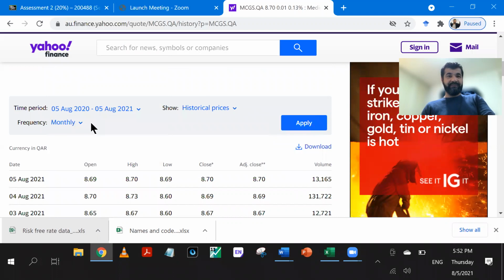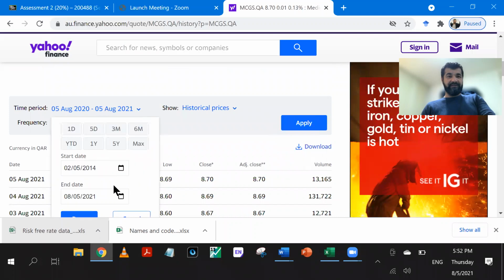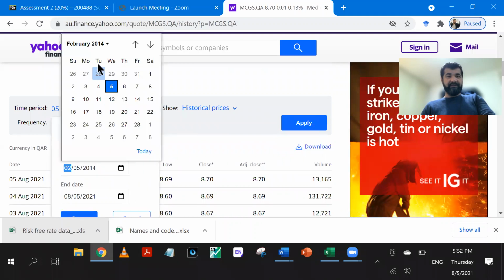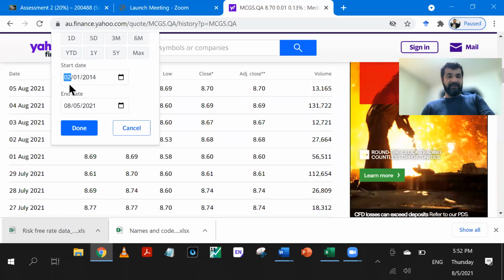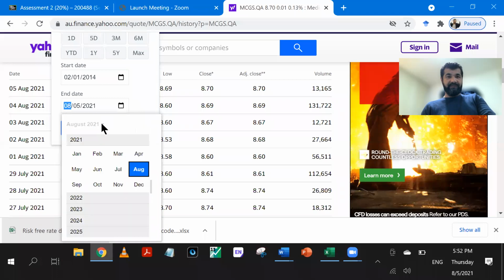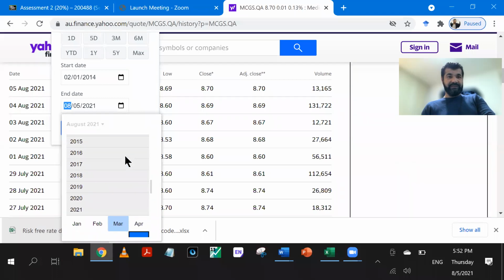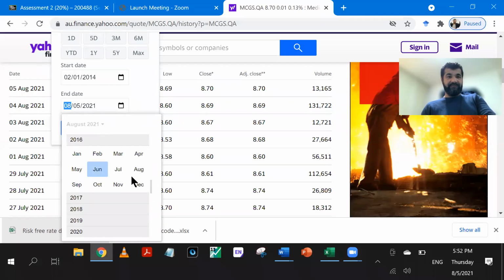Monthly data, you can see it's monthly. February 2014, where you say 1st of February, and 2016 of February.